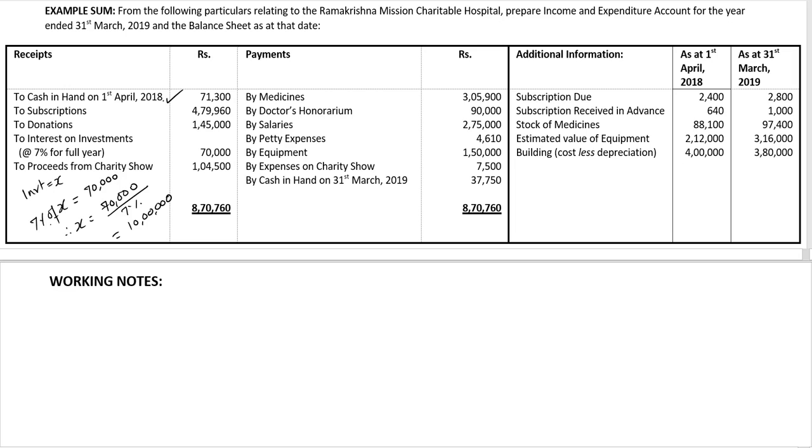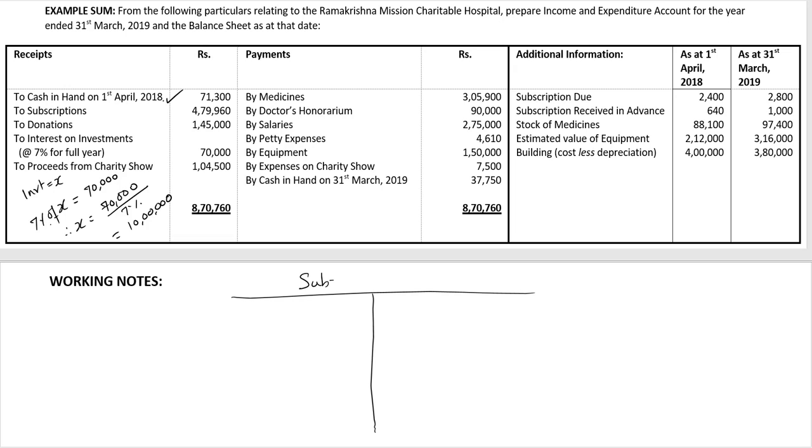Let's begin with the subscription account. The opening balance of subscription due 2,400, assets comes on the debit side. To balance brought down 2,400 rupees.